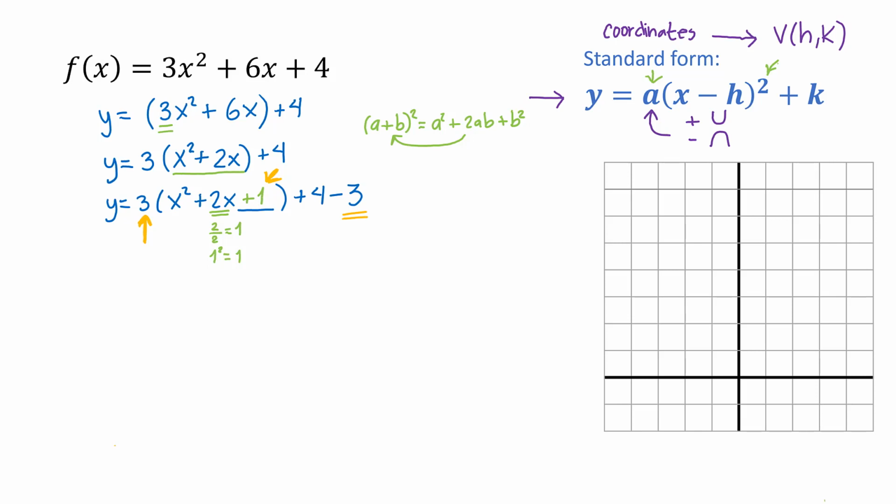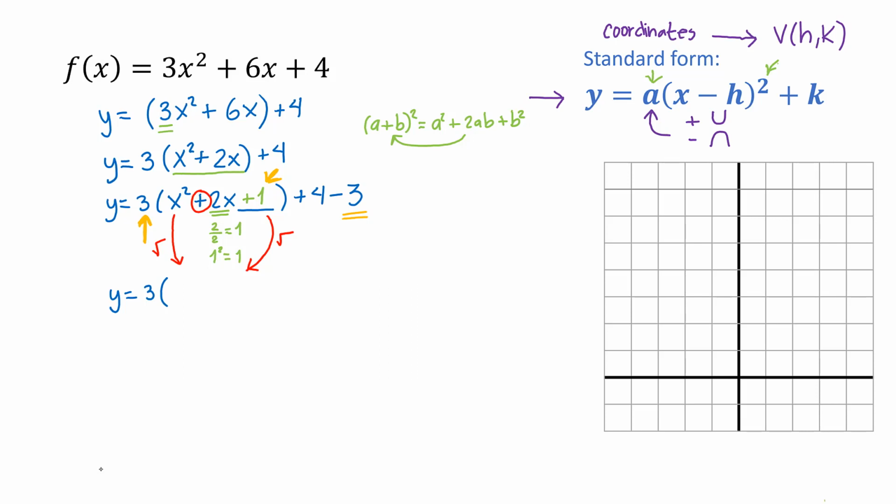Okay, so now that we have our perfect square trinomial, let's continue. Y equals 3 times. Now that we already have a perfect square trinomial, we can factor it to get our squared binomial. To do that, we are going to use the square root of the first term, the sign of the second term, and the square root of the third term.